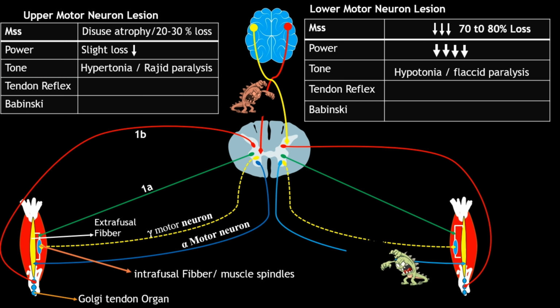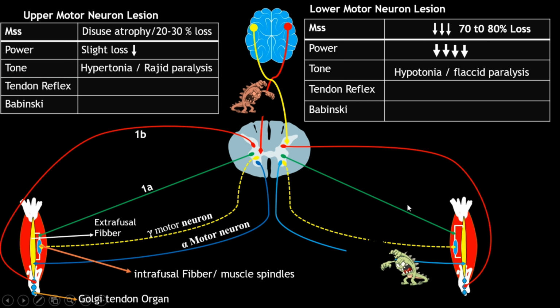When it stretches, it sends back the sensory information to the spinal cord, saying that there is stretch in the muscles. It activates the alpha motor neuron, and the alpha motor neuron releases acetylcholine, and the muscles have a transient jerk, a transient contraction.